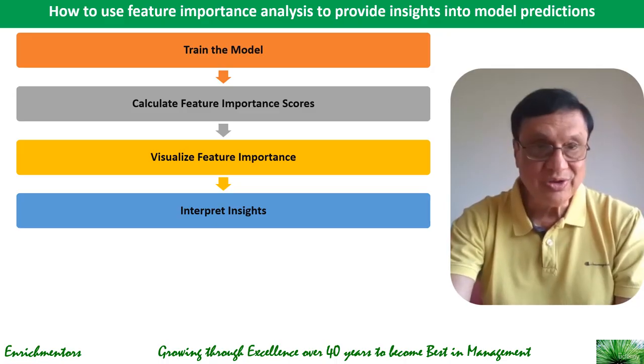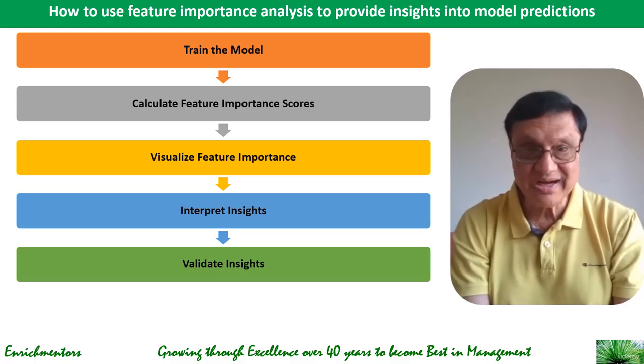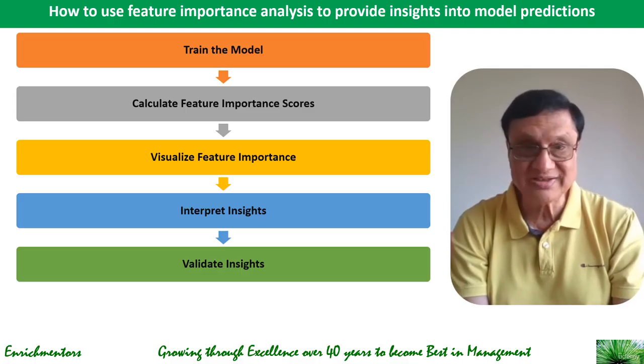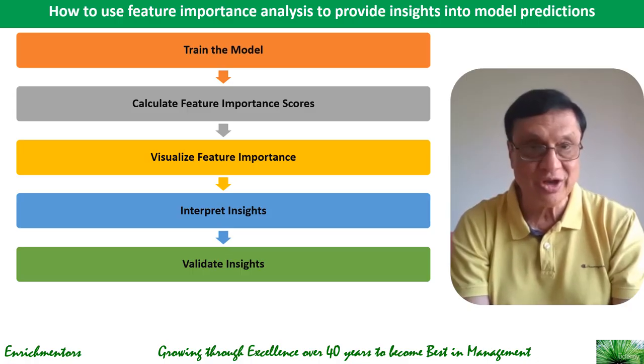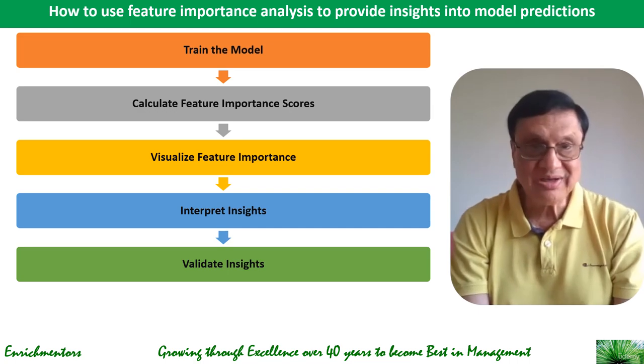Having done that, you need to validate the insights. Validate insights gained from feature importance analysis by examining how well they align with domain knowledge, or by conducting further experiments or analysis. This could include testing the impact of removing certain features on model performance or conducting sensitivity analysis, right?